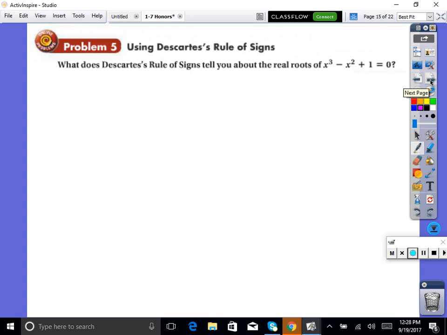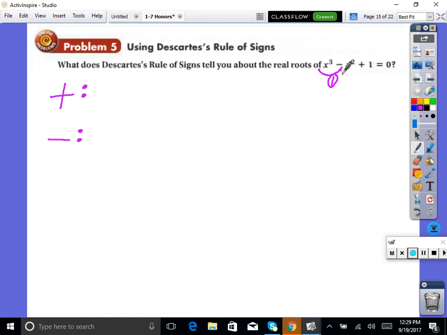Okay, here we go. It says, what does Descartes' rule of signs tell you about the real roots of this polynomial? We can use Descartes' rule of signs to figure out how many possible positive real roots and how many negative real roots we can have. So you literally count how many times it changes from positive to negative between consecutive terms. You see how we start out from a positive and then it becomes negative.